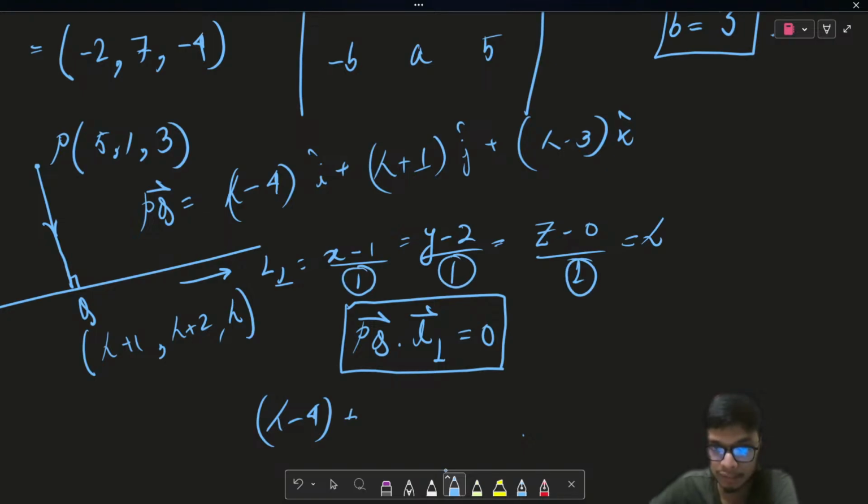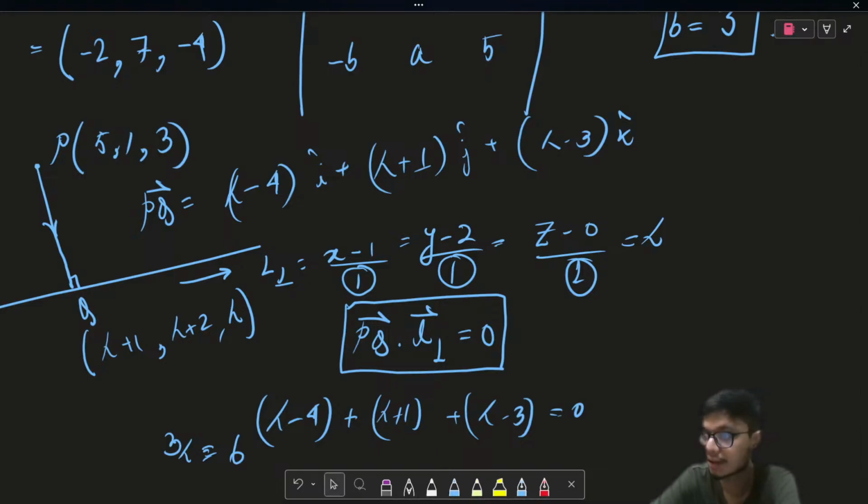I just multiply by 1 all the components and add them up to equal 0, which will eventually come out as 3 lambda equals 6. So we'll get the value of lambda to be coming out as, can you check?